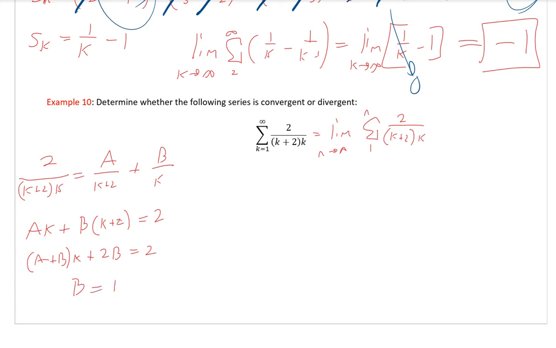And then a plus b equals 0, so that means a has to equal -1. So I now have the limit as n approaches infinity of the summation of, I'll do the positive one first, 1 over k minus 1 over k plus 2. Again, that was a 1, that was a -1. I just put the -1 second.